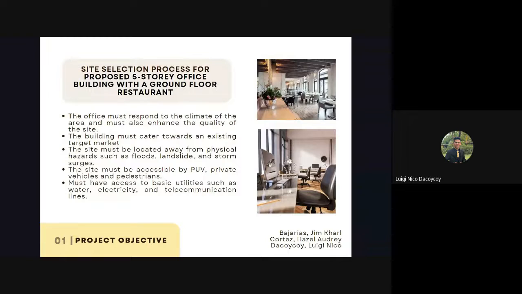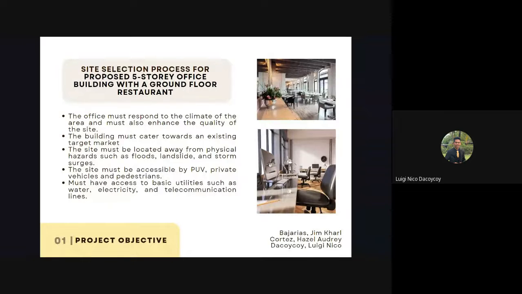The site must also be located away from physical hazards such as floods, landslide, and storm surges. The site must also be accessible by PUV, private vehicles, and pedestrians. And lastly, it must have access to basic utilities such as water, electricity, and telecommunication lines. So these are the goals for the project objective that must be present in choosing a site.